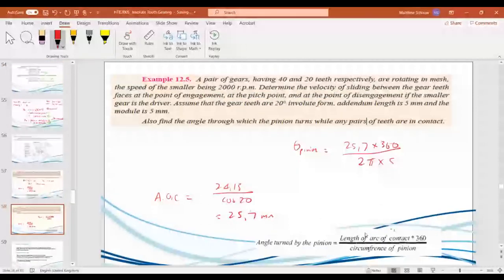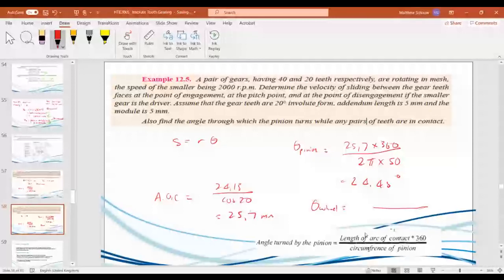But obviously it's not being shown to you, so if you do that, you should get an answer of 24.45 degrees. I'd like to ask you guys, can you find the angle turned by the wheel now?